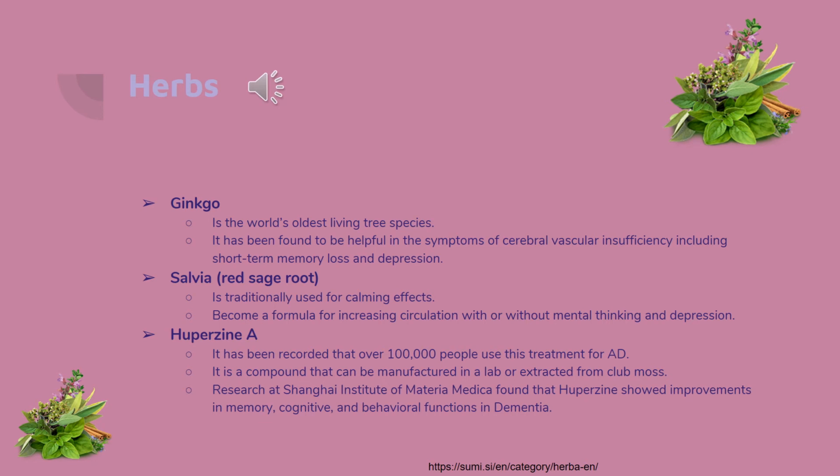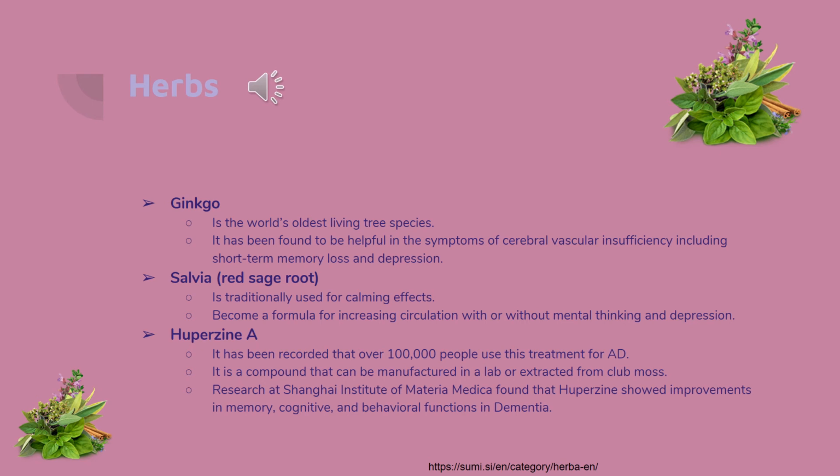The next one, salvia, which is a red sage fruit, is traditionally used for calming measures. Salvia, used as a formula, increases the circulation for mental thinking and depression.